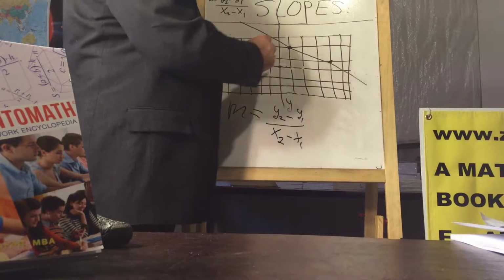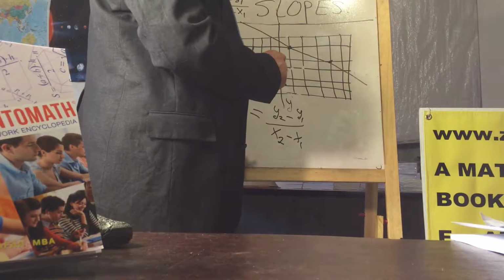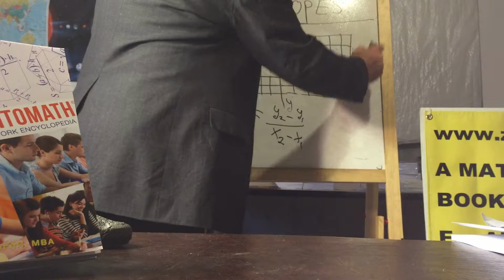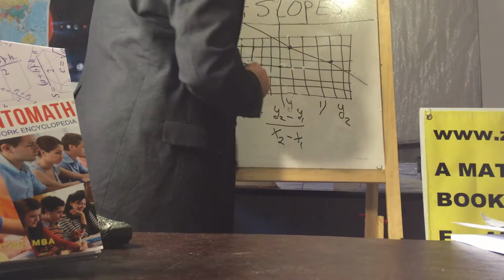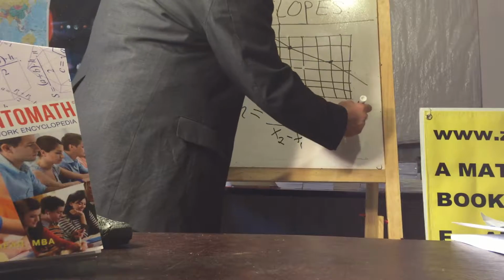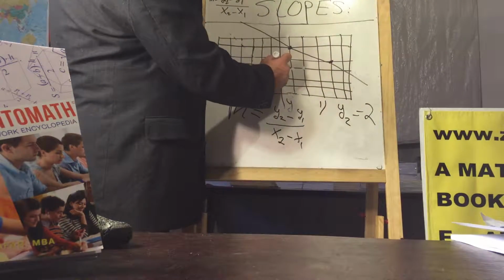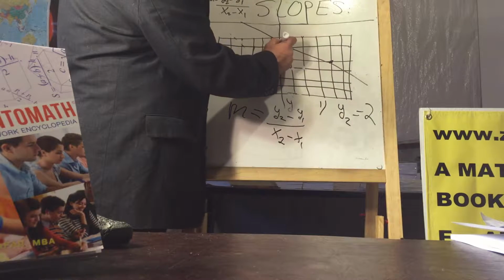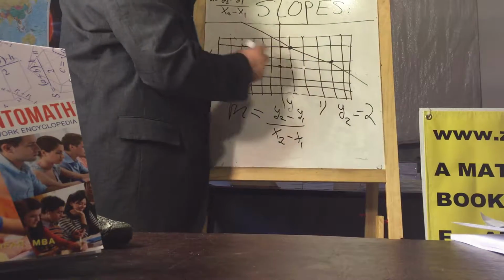Now, y2 in here is what? y2 here is 2, this is the first step. y2 is 2 because this is the origin here. You go 1, 2, and this is 2.